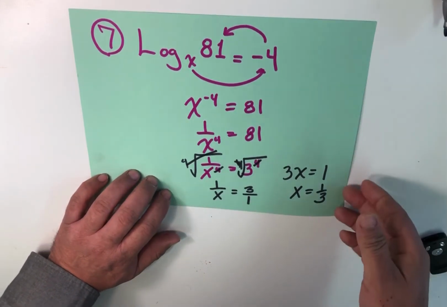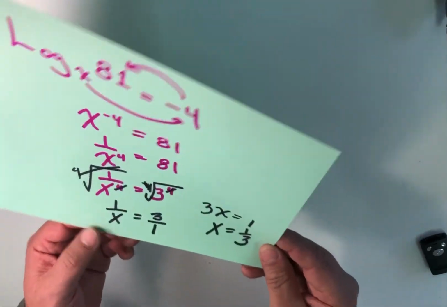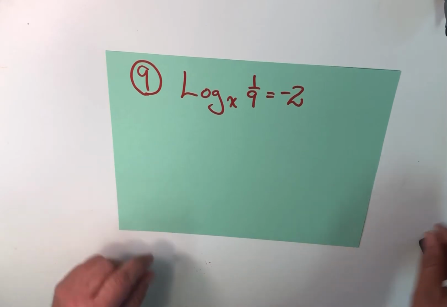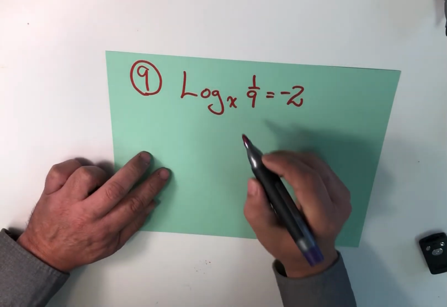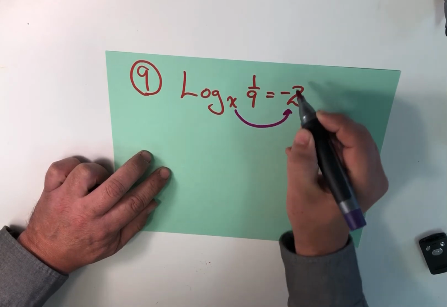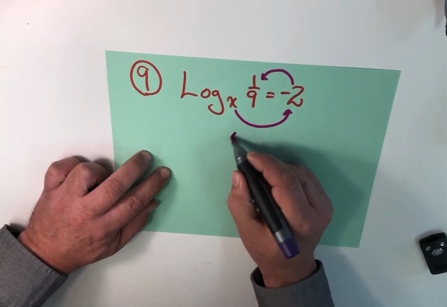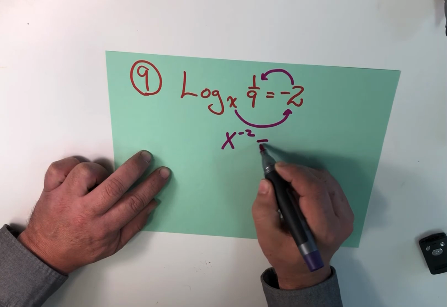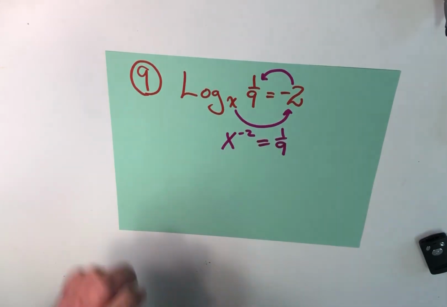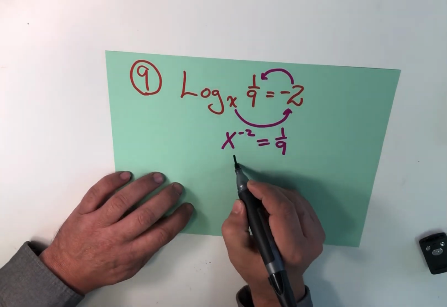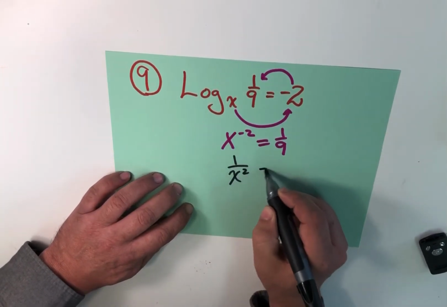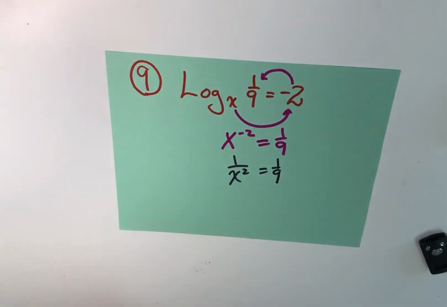Okay, let's try another one of those because negative exponents seem to always give difficulty to my students. So let me show you that it's not that difficult. Once again, we have one log. I'm going to rotate, and when I rotate, I will end up with x to the negative 2 is equal to 1/9. Once again, we do not like negative exponents, so I'm going to change this to 1 over x squared is equal to 1/9.